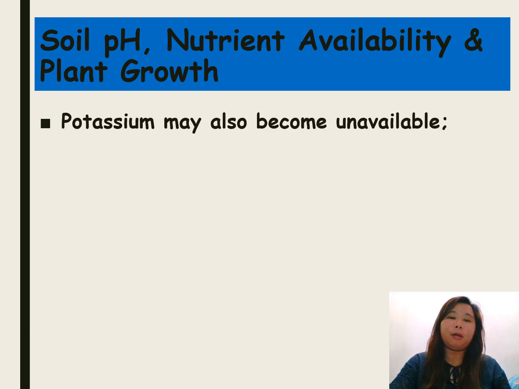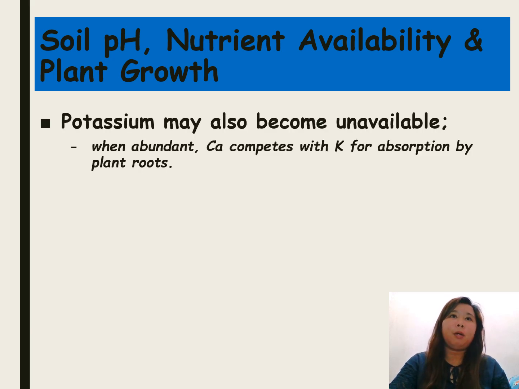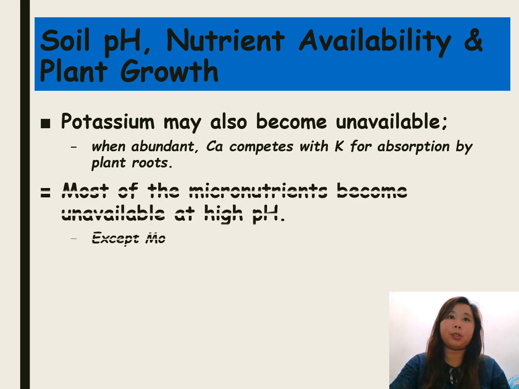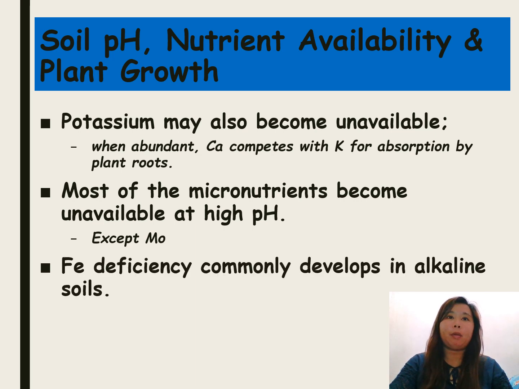Potassium may also be unavailable. When abundant, calcium competes with potassium for absorption by plant roots. And also, most of the micronutrients become unavailable at high pH, except molybdenum. Iron deficiency commonly develops in alkaline soil.